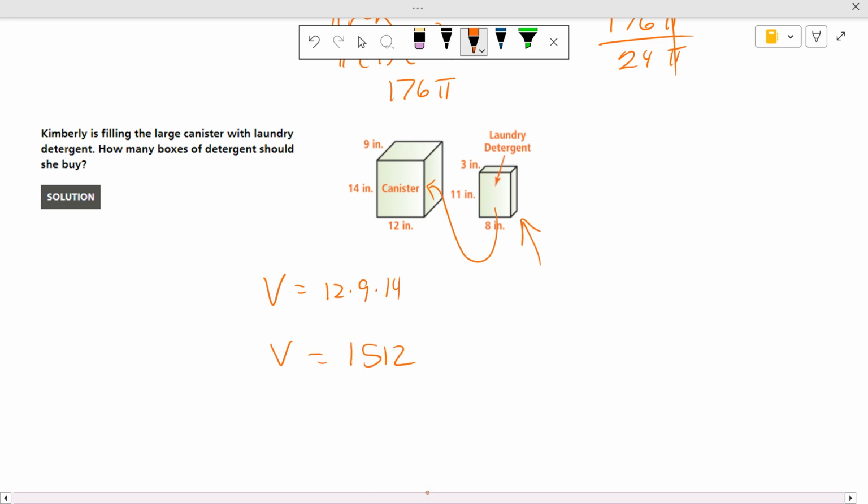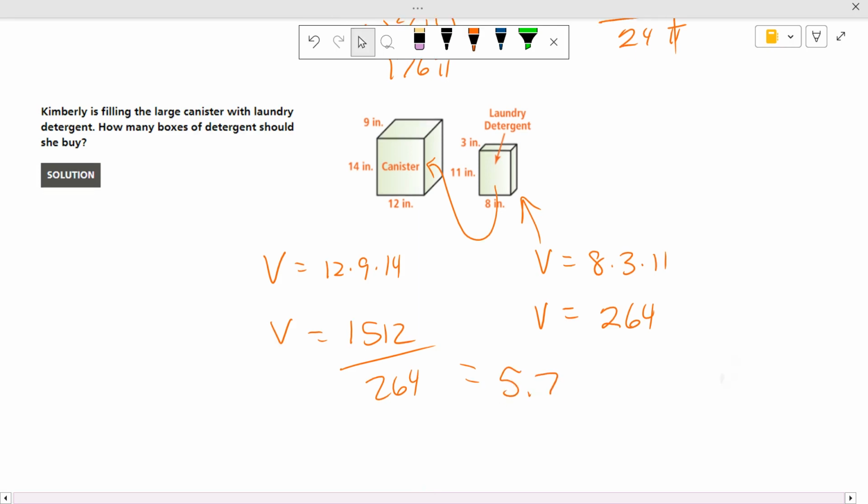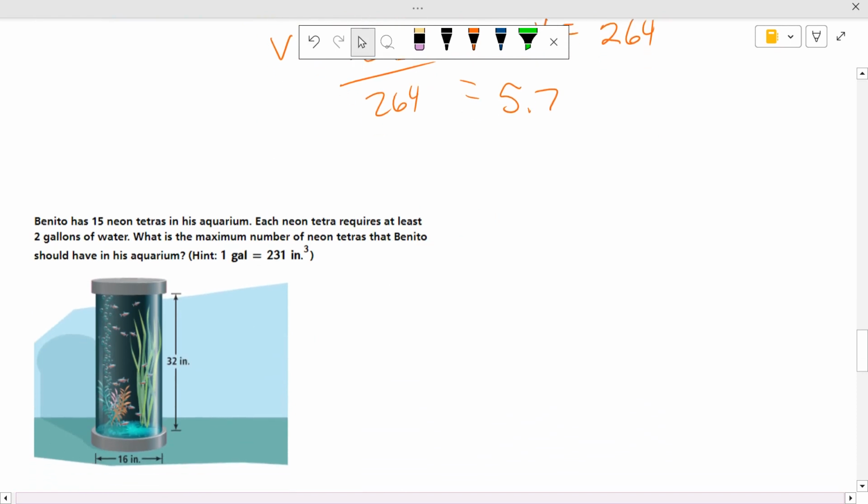Over here, the volume is the length times the width times the height. So the volume is 264. So if we take 1512 divided by 264, what do we get? 5.7. So 5.7 fit in there.